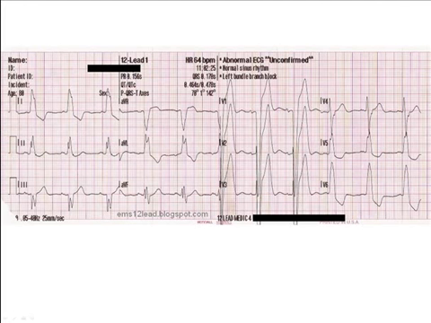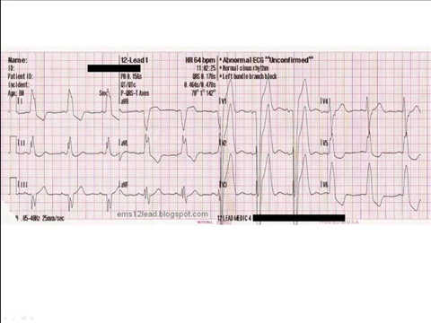How about here? How many mimickers can be found here? The QRS duration is delayed, so we look at V1 and it's downward. So we have a left bundle branch block. But do we see any concordance? None can be found.